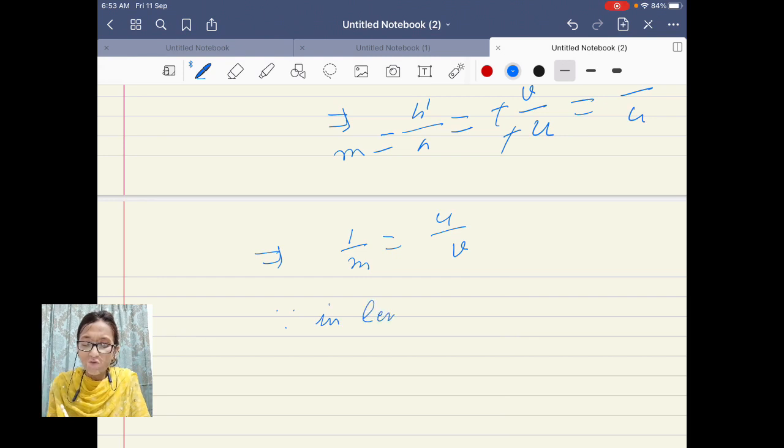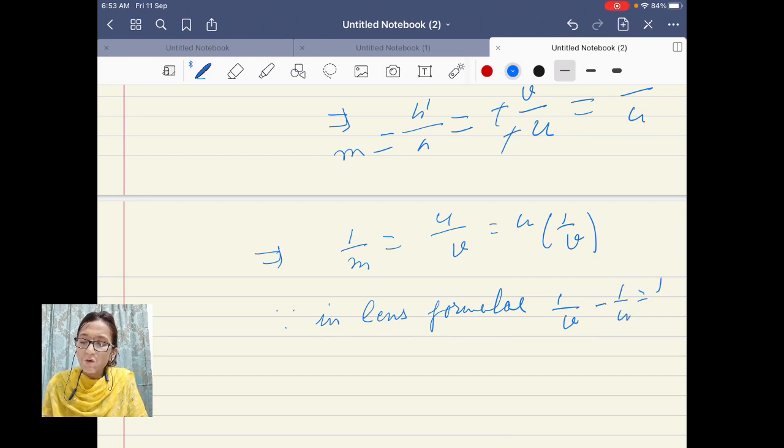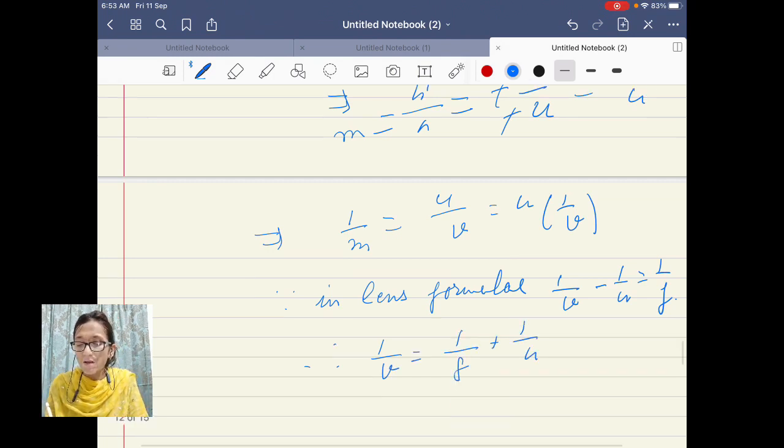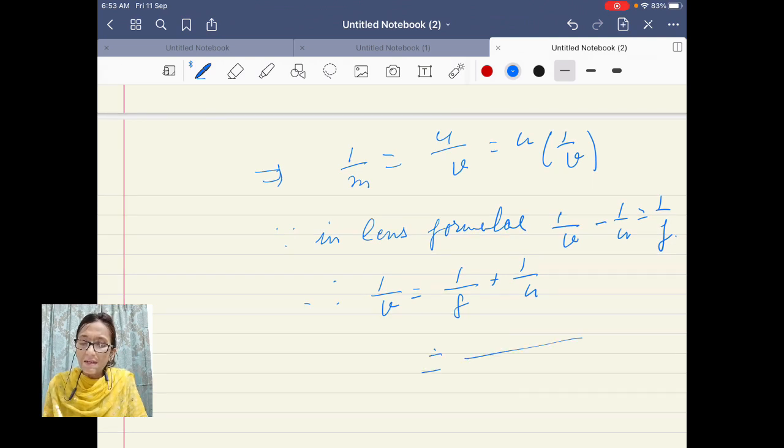In the lens formula, 1 upon v minus 1 upon u is equal to 1 upon f. Therefore, 1 upon v is equal to 1 upon f plus 1 upon u. And this is equal to, taking LCM uf, u plus f over uf.